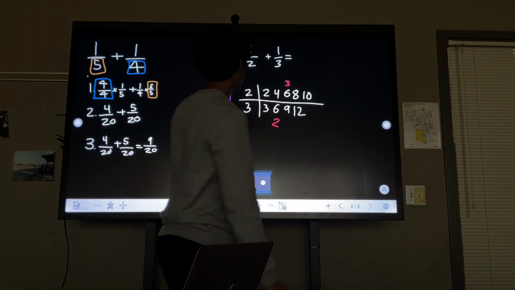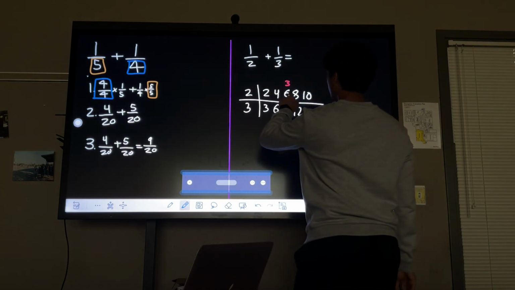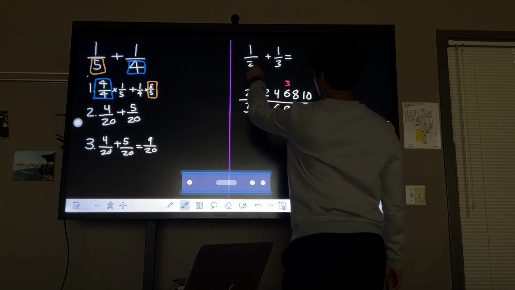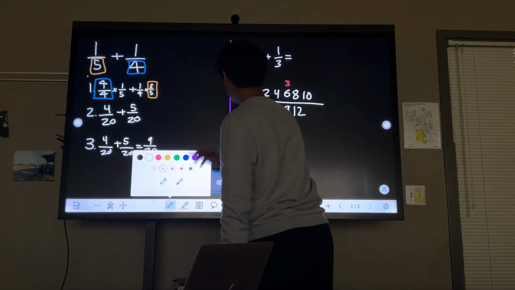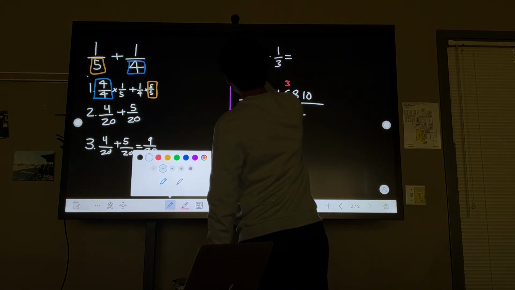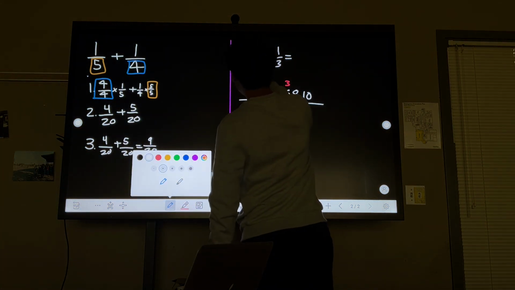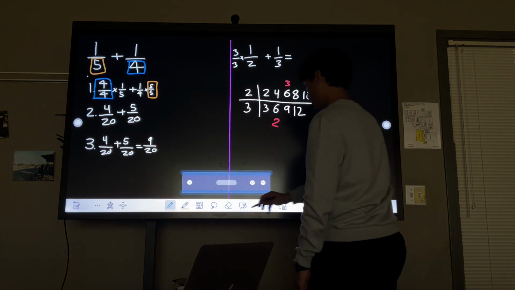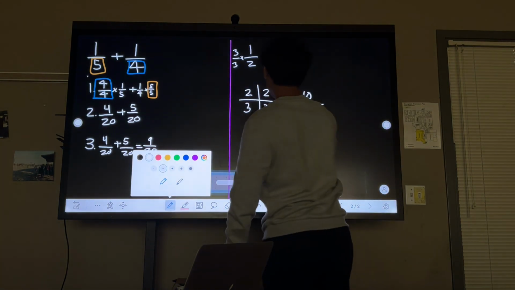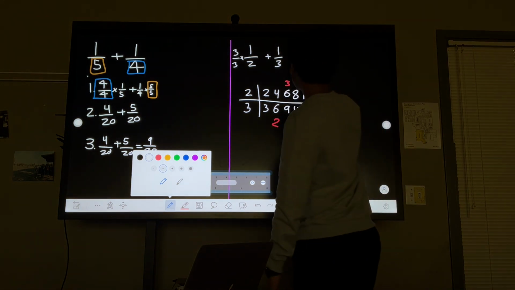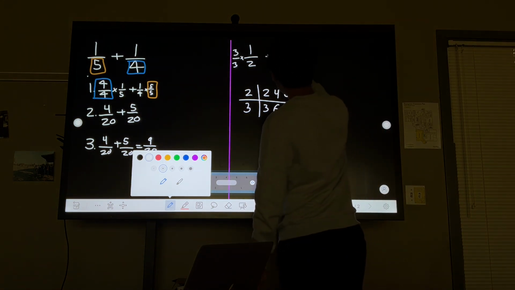So we're gonna do 2 times 3 here. So it's gonna be 3 over 3 times 1 over 2, and then here, 3 times 2 was 6, we're gonna do 2 over 2.